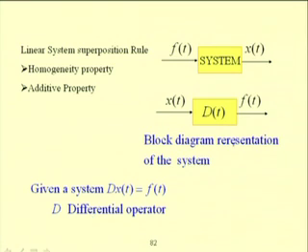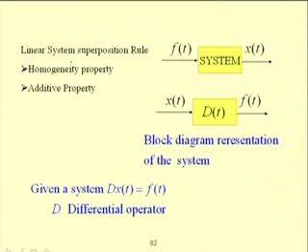In block diagram representation, f(t) is the input to the system, and one can have the output of the system. This is the response of the system and this is the forcing of the system.